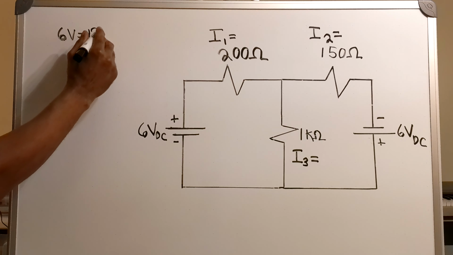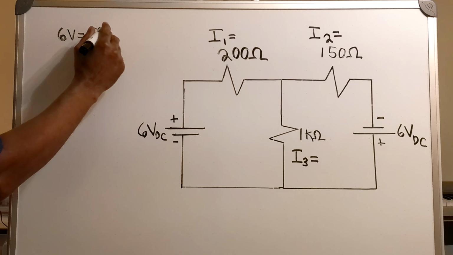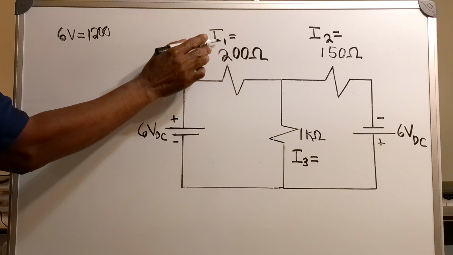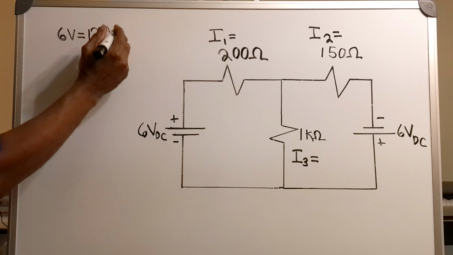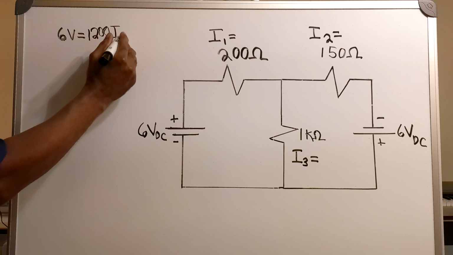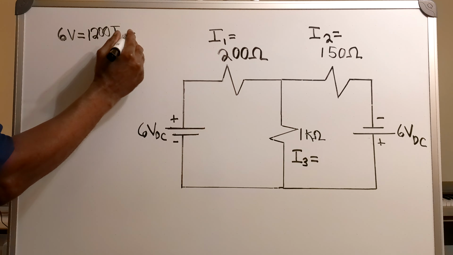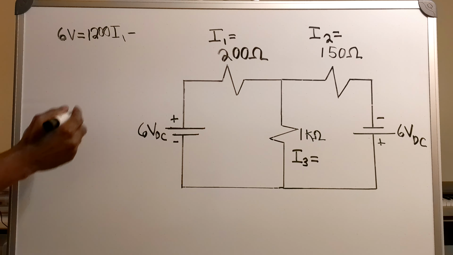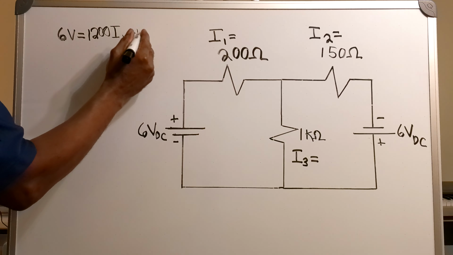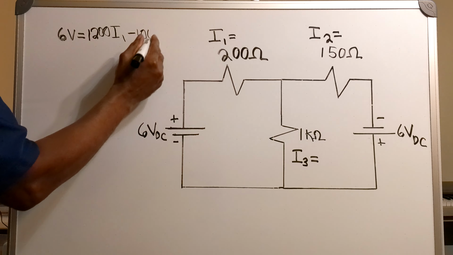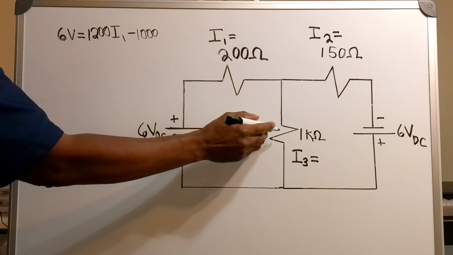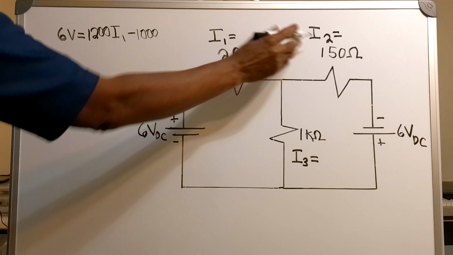That gives me 1200 ohms multiplied by my I1 current minus my 1 k ohm (1,000 ohms) multiplied by my I2 current.